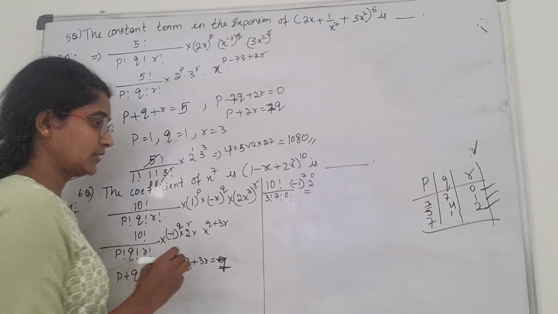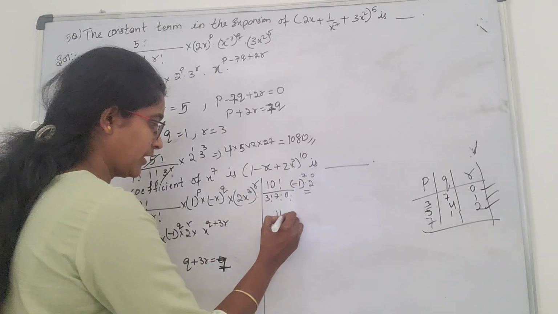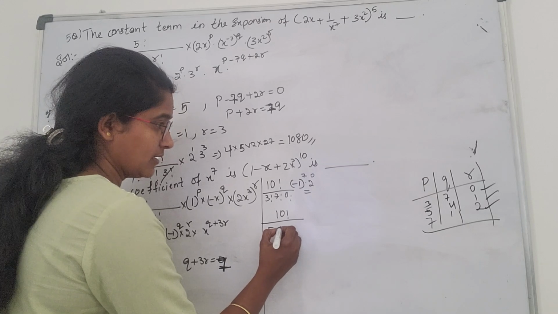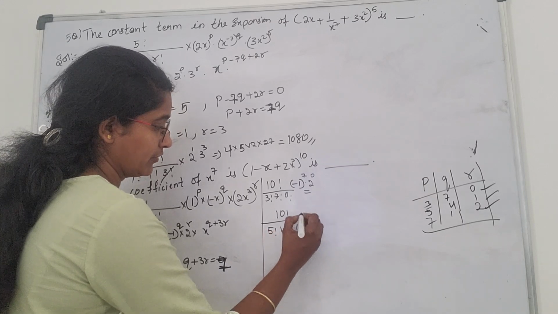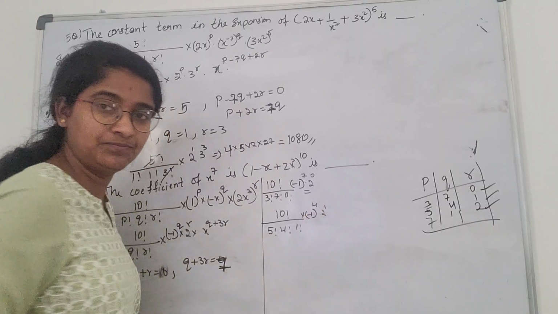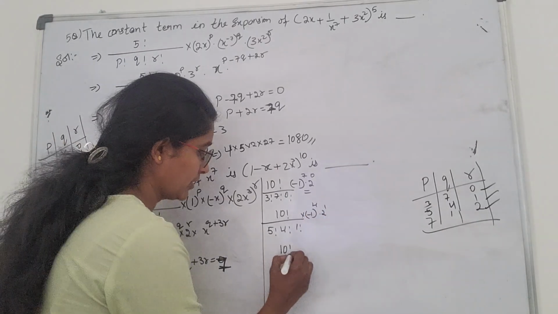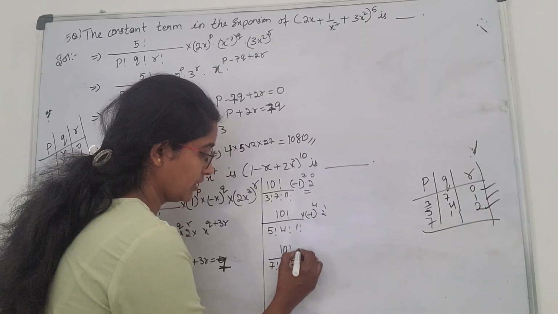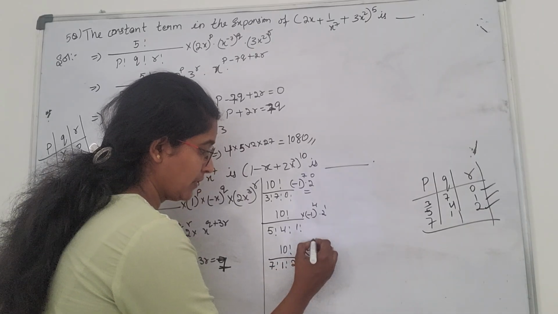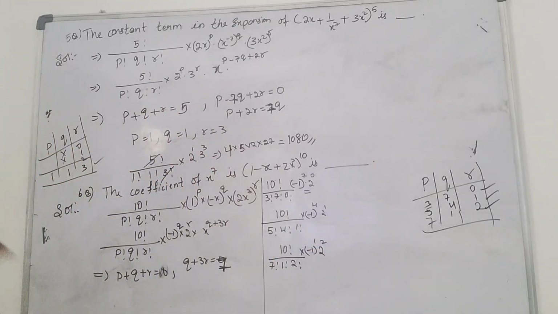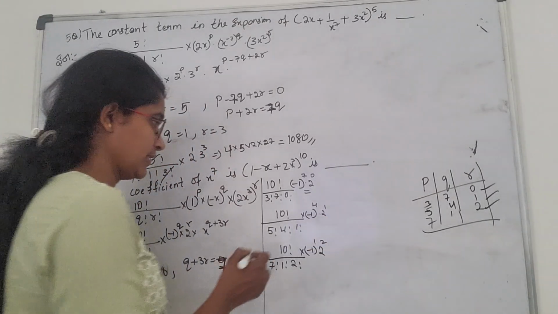The next is 10 factorial by 5 factorial, 4 factorial and 1 factorial, into minus 1 power of 4 and 2 power of 1. Next, 10 factorial by 7 factorial, 1 factorial, 2 factorial, into minus 1 power of 1 and 2 power of 2. So we need to add all these coefficients, the sum of all the coefficients.